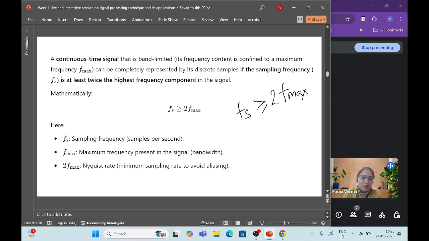Okay, any signal that contains frequencies, we will see for example x of t is equal to a cos omega 1 t plus b cos omega 2 t.